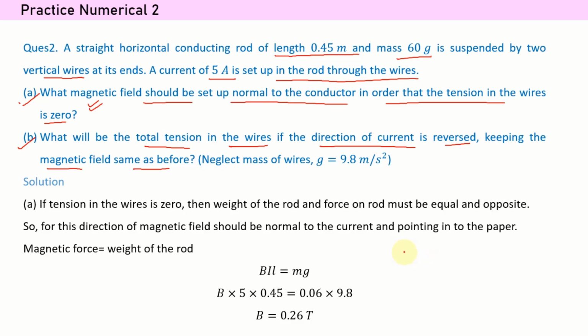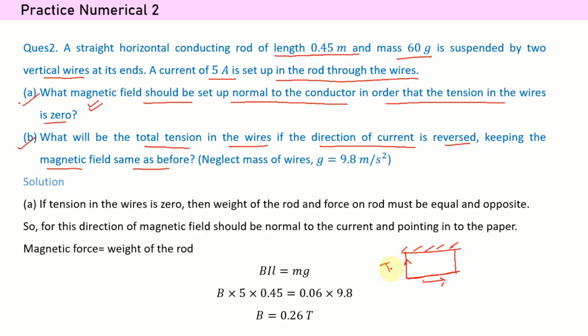So let us draw the figure first. Let this be the wall through which two wires are hanging, and it is holding a conductor. Let this be the conductor, and let the current flowing in the conductor be in this direction.